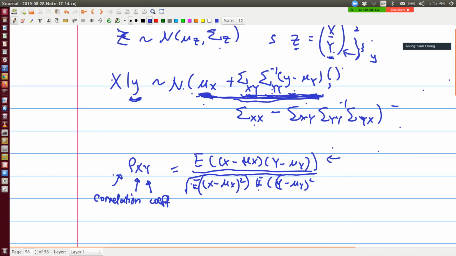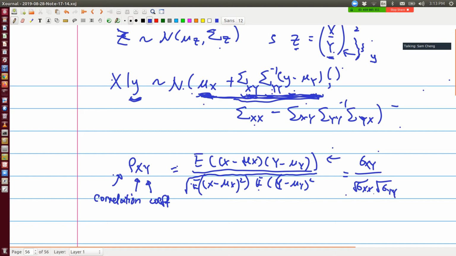Of course the numerator is just sigma xy, right? And this is sigma xy over the square root of sigma xx and sigma yy, the normalization.